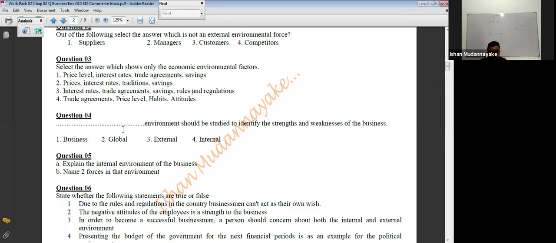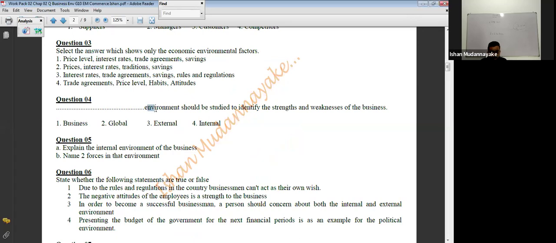Right. Question number 4. Environment should be studied to identify strengths and weaknesses of the business. What is the answer for question number 4? Just send me only the number.